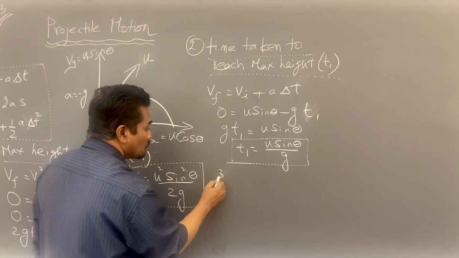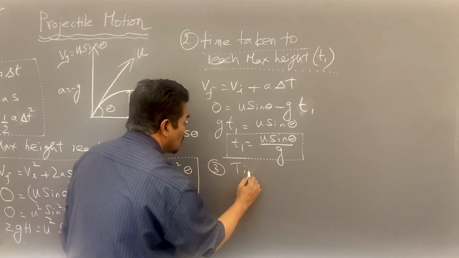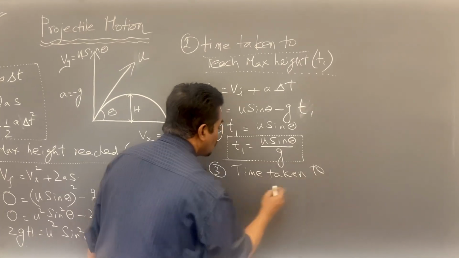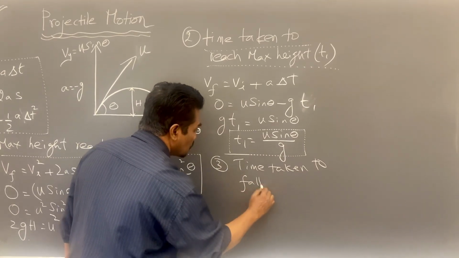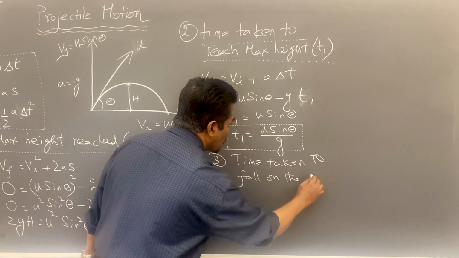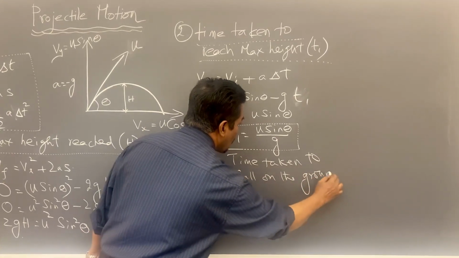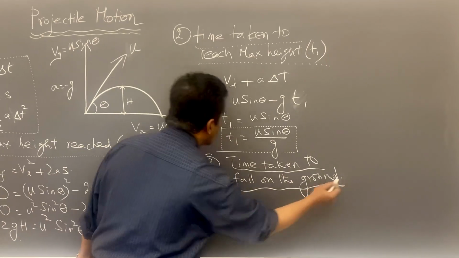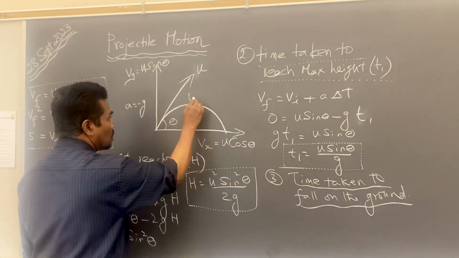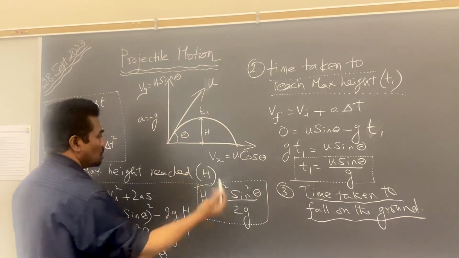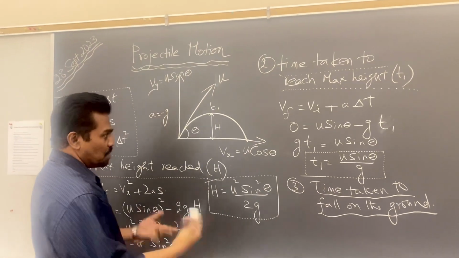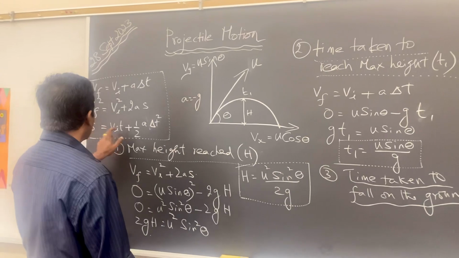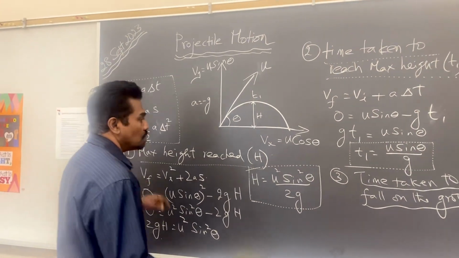Number 3, the time taken to fall on the ground. The particle is here, this is t1. When it falls on the ground, it will be twice this one, but we cannot just say that; we have to prove it mathematically.